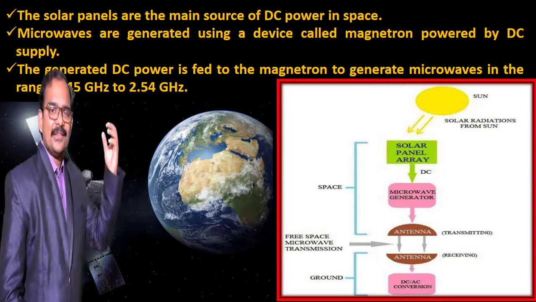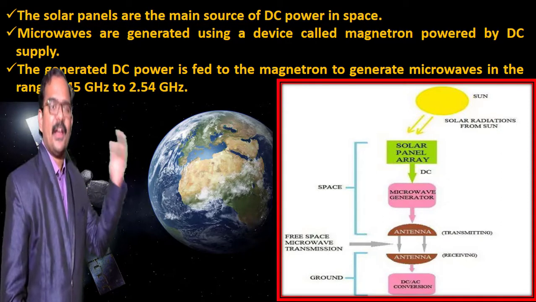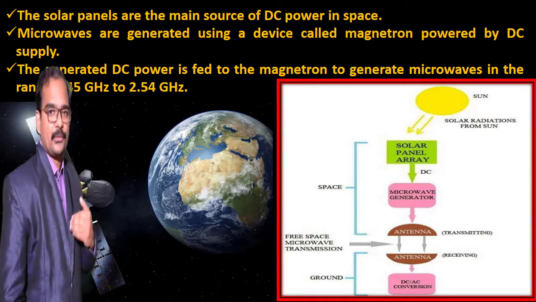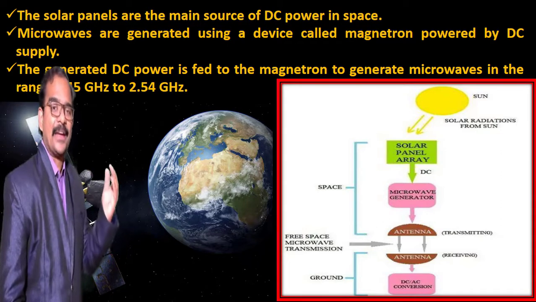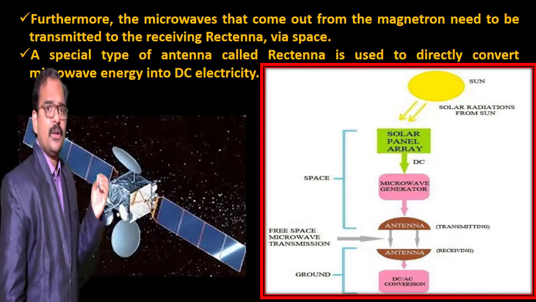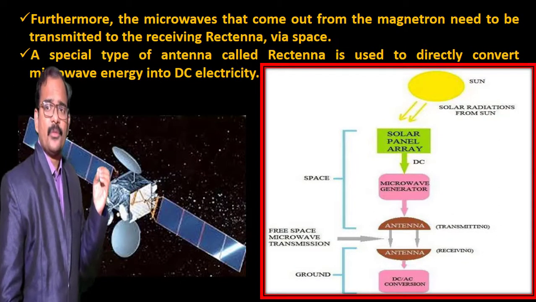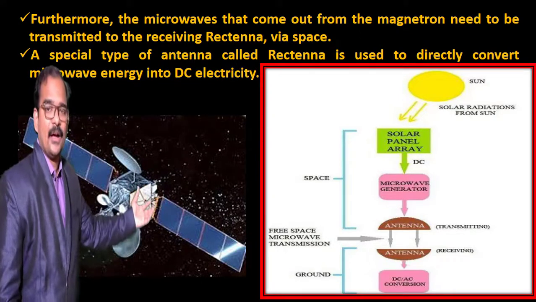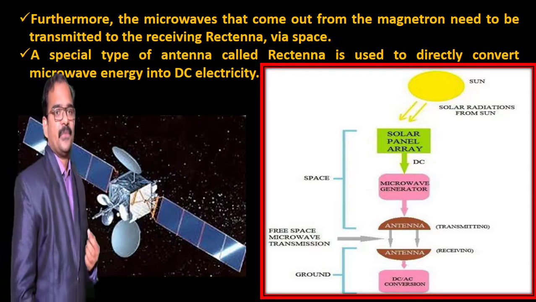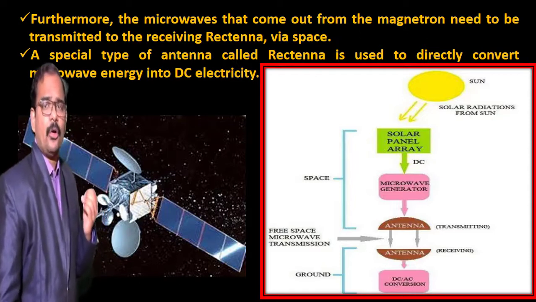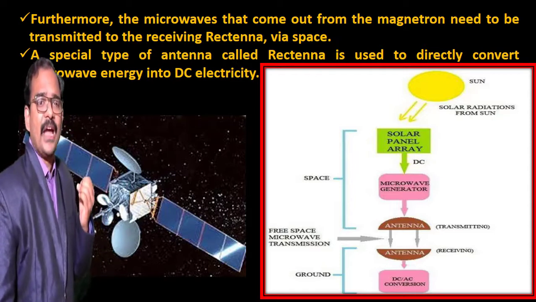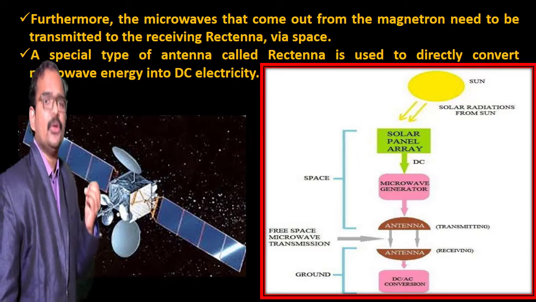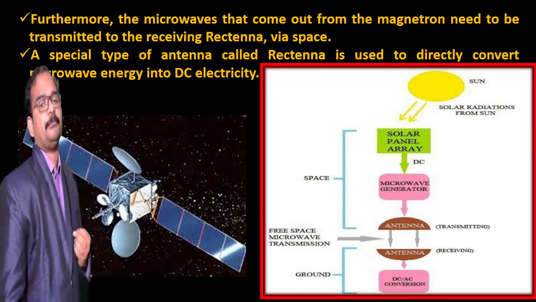So the DC electricity generated by the panels will be converted into microwaves by means of a device called a magnetron. Then the microwaves that come out from the magnetron need to be transmitted to the receiving rectenna via space. A special type of antenna called a rectenna is used to directly convert microwaves into DC electricity.